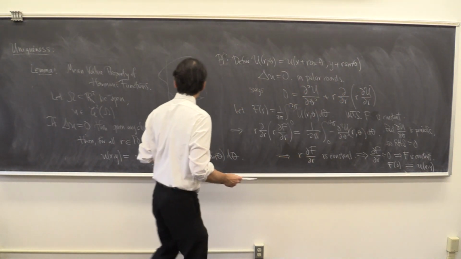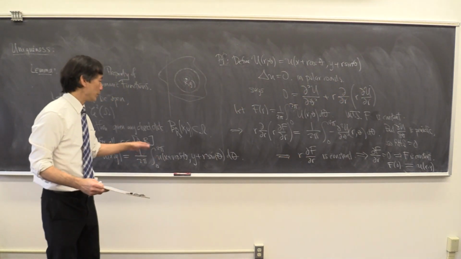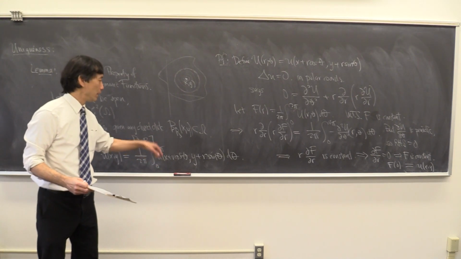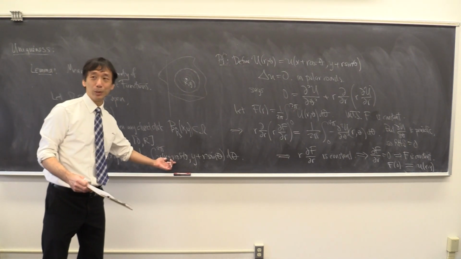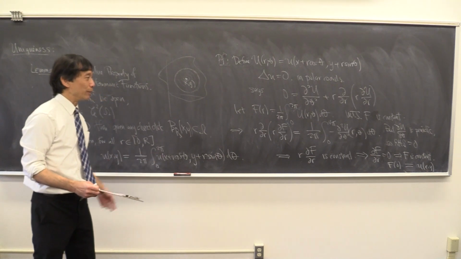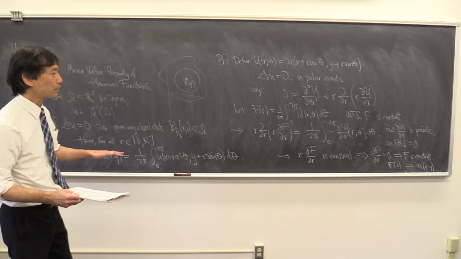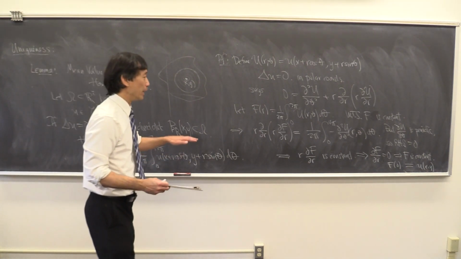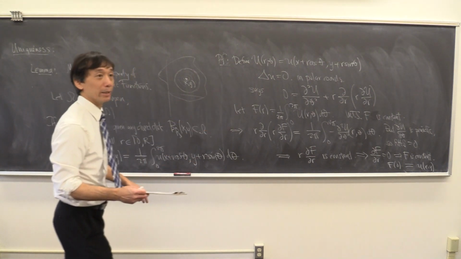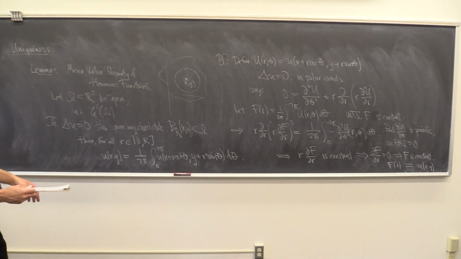Since f at time 0 is just u of xy, we're just averaging the value u of xy, which is u of xy. We get that f is constantly equal to u of xy. Okay, so that's kind of a cute proof of the mean value property.